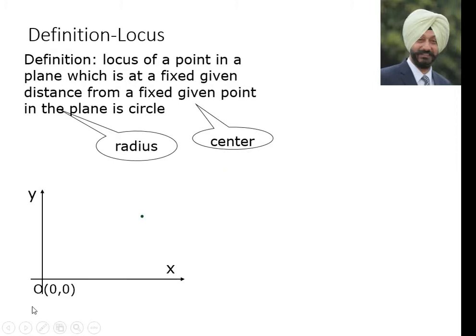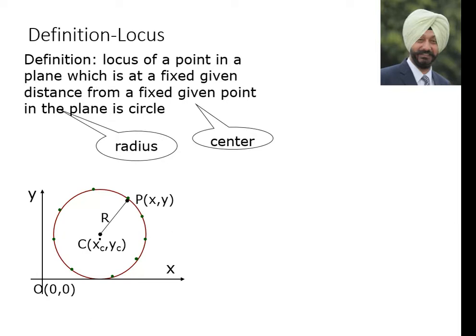Just see, this is 0 0, and I have plotted these dots. From this point, this distance is R, this point is the center, and this is any point P(x, y) in this x-o-y plane. Students, whenever we study locus or coordinate geometry from now onwards, we must be very careful about the general point.